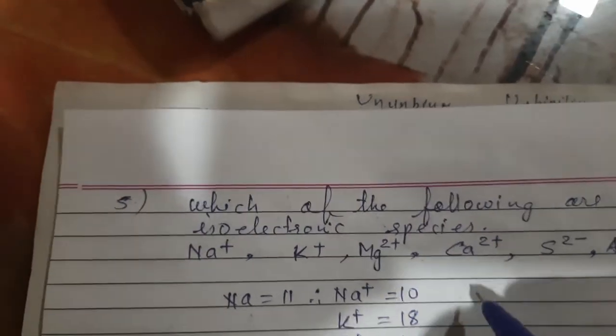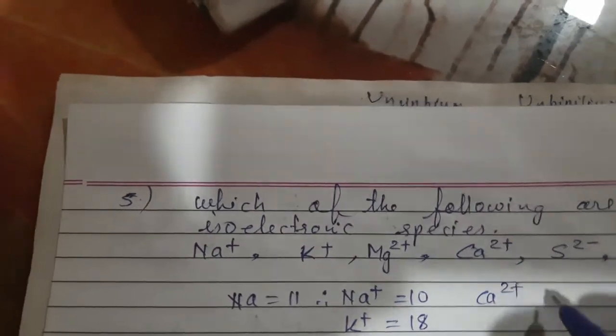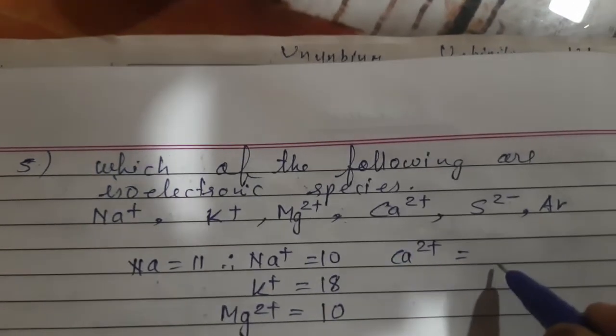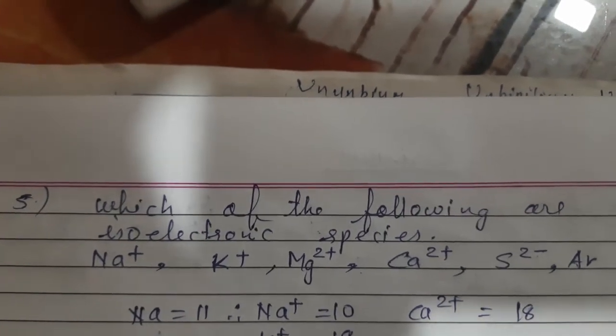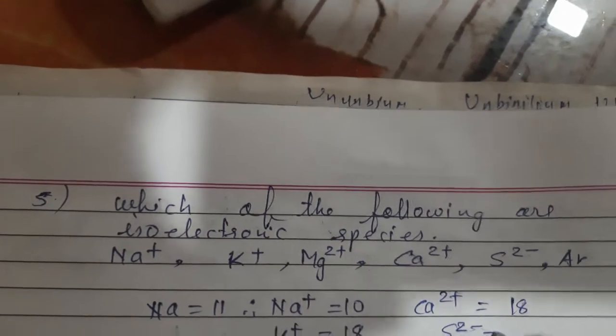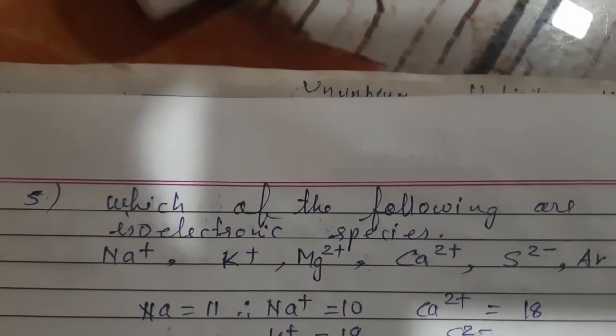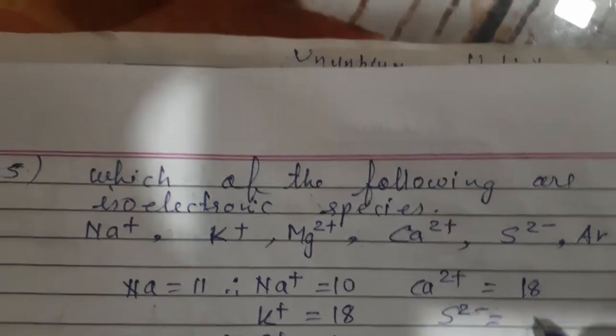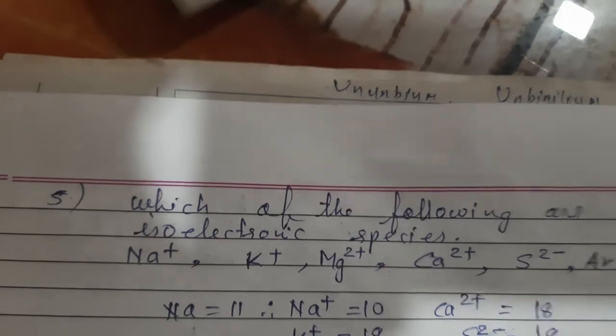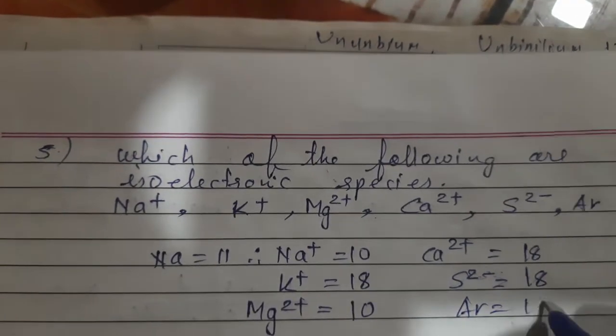So how to write Ca2 plus? Calcium is 20. 20 minus 2, that is 18. S2 minus. Sulfur is 16. 2 minus is there, so 2 we will add here. 16 plus 2 electrons, that is 18. Argon. Argon we know it is already 18.